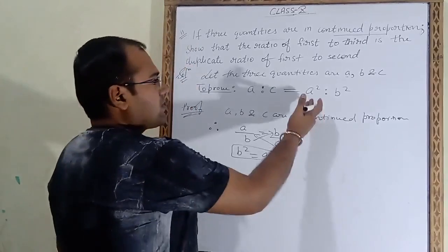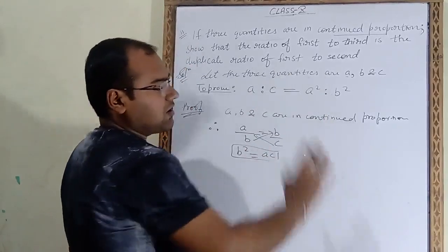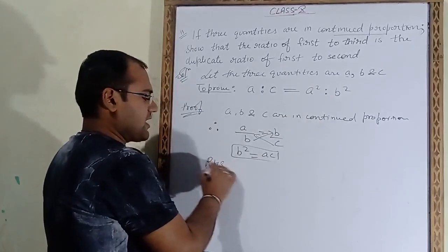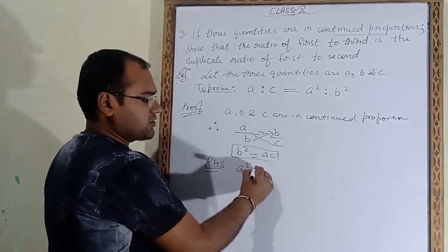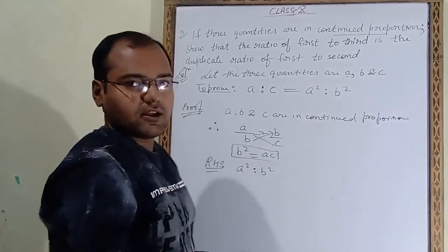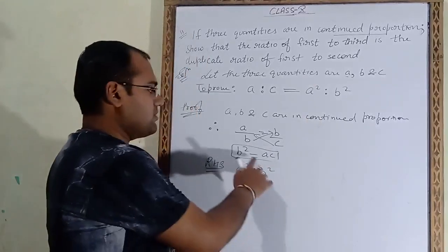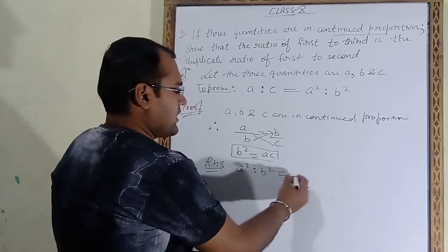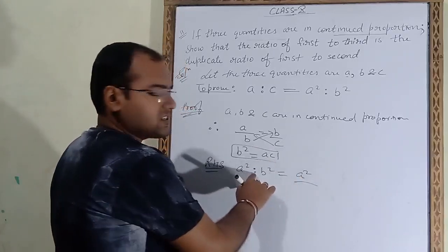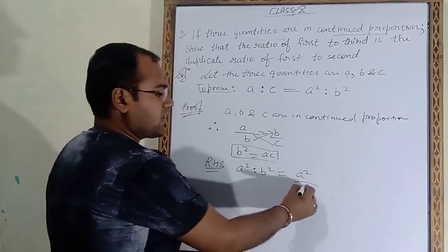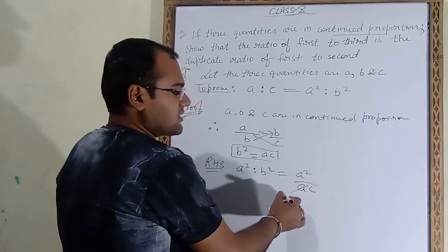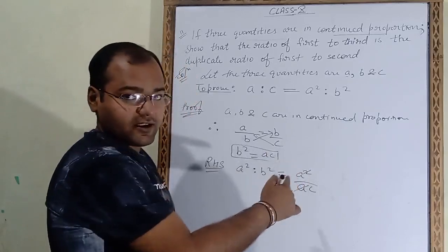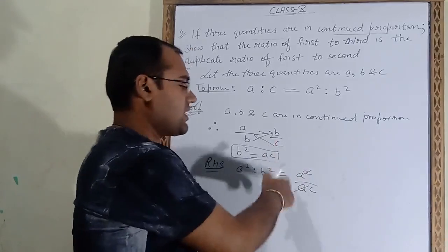Now either we have to solve the left side or the right side. Suppose I have taken the RHS. Right side is A square ratio B square. This is the right hand side. Now B square answer I know, B square is AC. So A square upon, ratio means upon, instead of B square I will take AC. Here A power 2 means 2 A's are there. One A we will cancel.